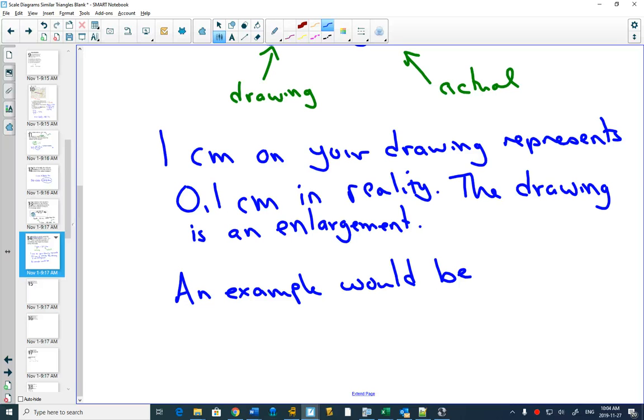Any ideas? Maybe an example would be if you had to draw an insect in a biology textbook. Insects are small.